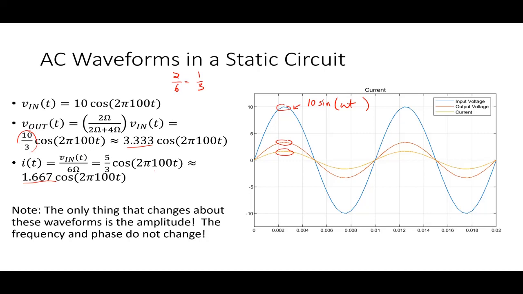Which if I do the math, the amplitude of V in is 10, right? So divide that by 6 ohms, that's 5/3, or about 1.667, right? And you can see that's about where it is. So the only thing about these waveforms that changes is their amplitude. This is really important. The frequency and the phase do not change.